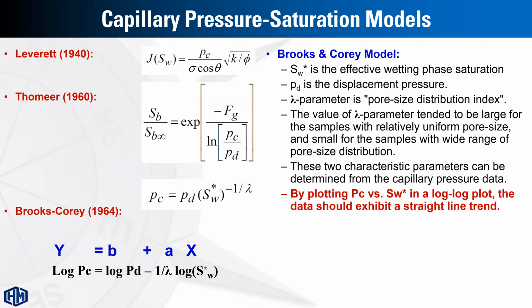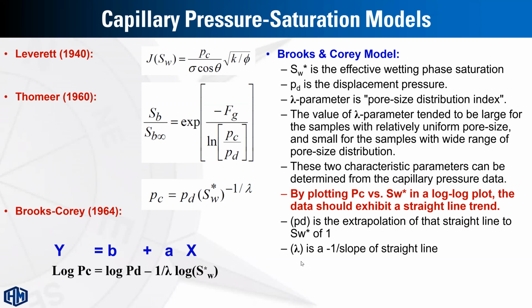So plotting Pc against Sw*, with Pc on the y-axis and Sw* on the x-axis on a log plot, the slope of this plot will give lambda, which is the negative of 1 divided by the slope, but Pd is the extrapolation of this straight line according to this form y equals ax plus b.